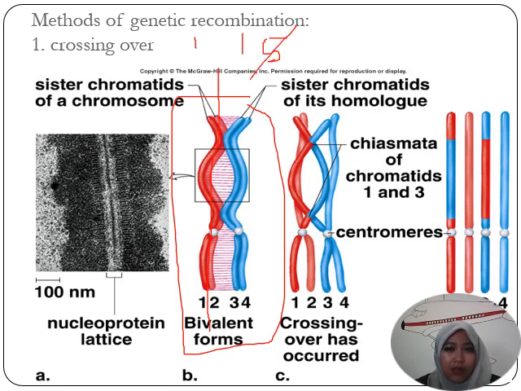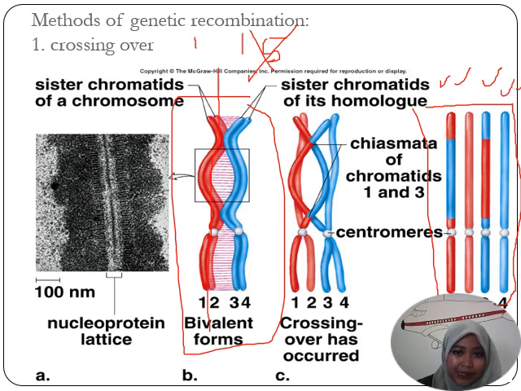At the end of this crossing over, they produce non-identical chromatids. This is a result of meiosis. Why does meiosis produce non-identical cells? Some questions might ask you this. The answer is that there is crossing over between homologous chromosomes.